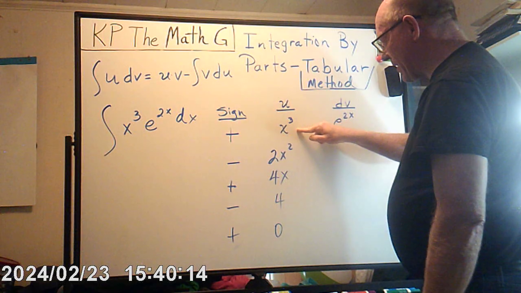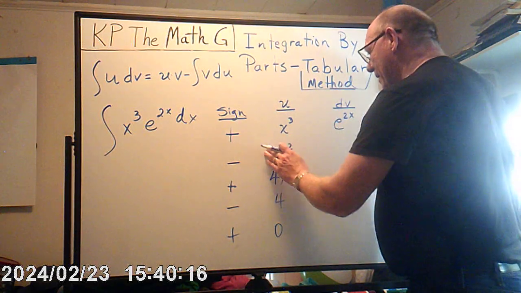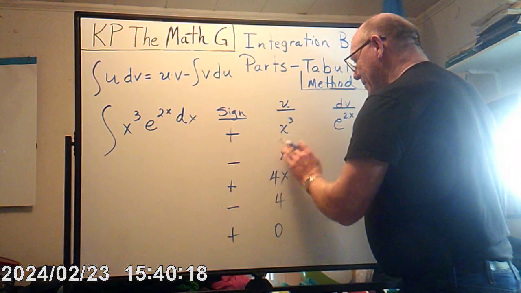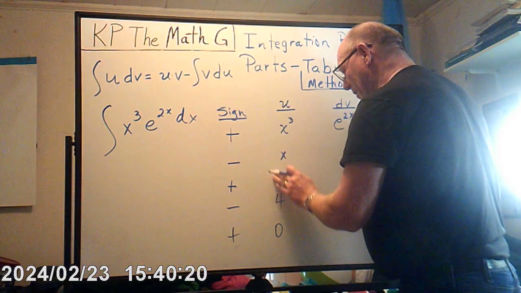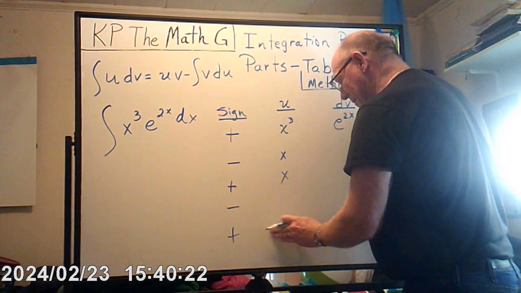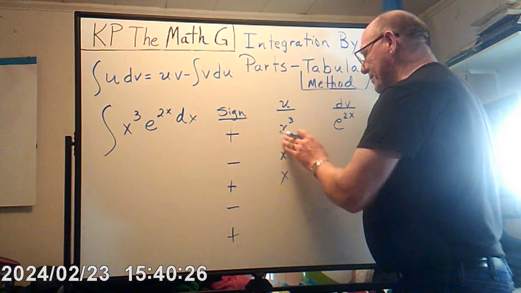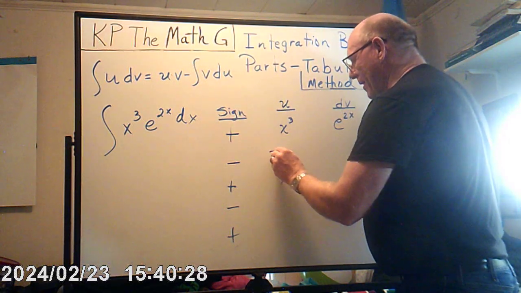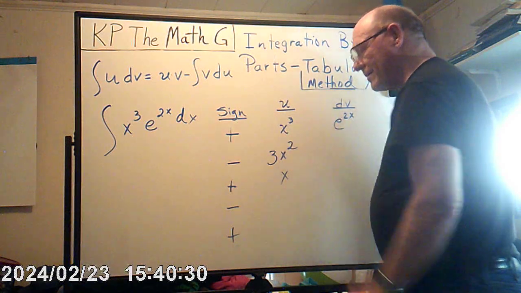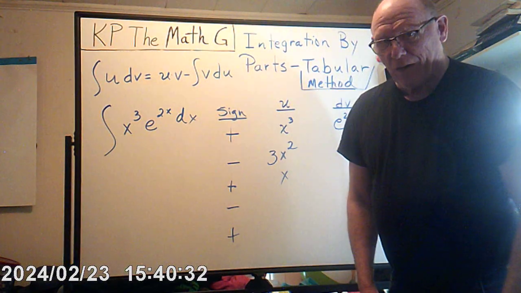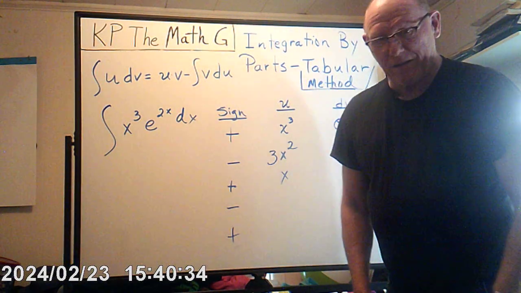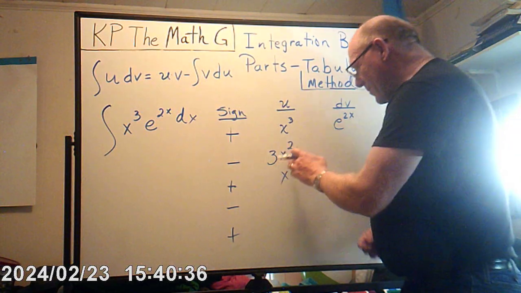So 3x squared. I'm sorry, I have done everything totally wrong, and I knew it didn't look right. KP the Math G, how could you? Come on, now. I know if you could shout through this camera, you would be telling me, KP, put the 3 in front.